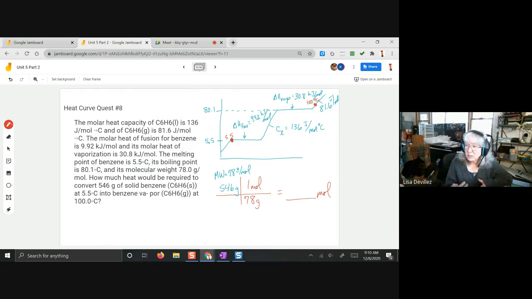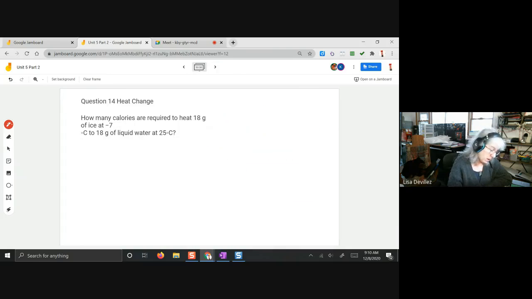Whichever one it wants, just be sure to convert your specific heats or the delta H's, whichever needs to be converted, because you've got different units, kilojoules and joules there. Okay. All right. If I didn't address the issue with this question, just let me know.